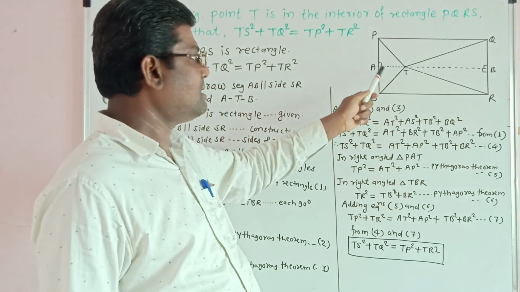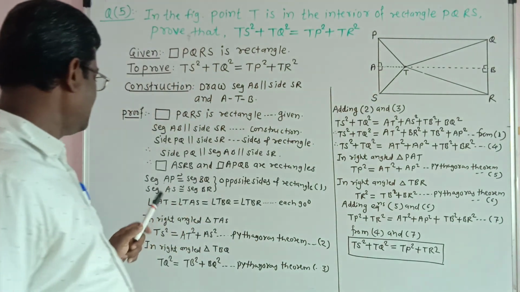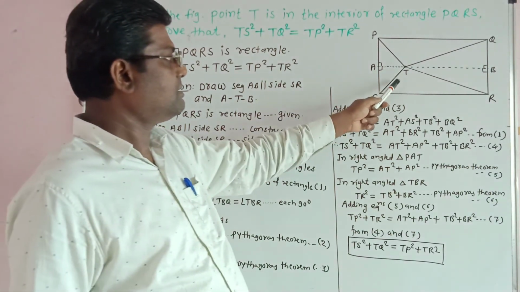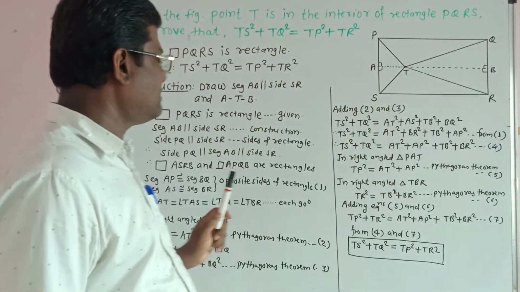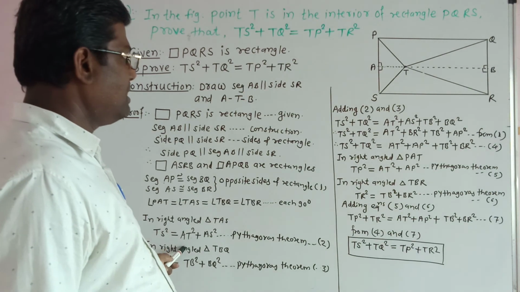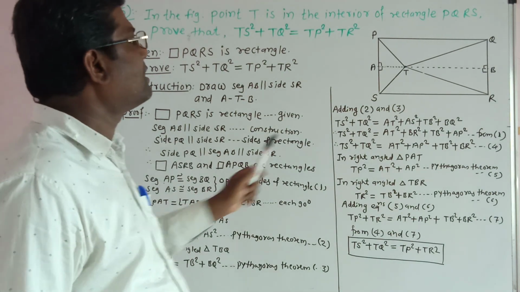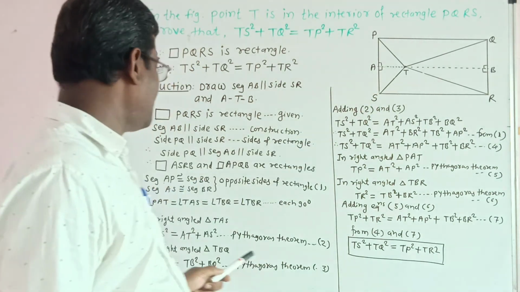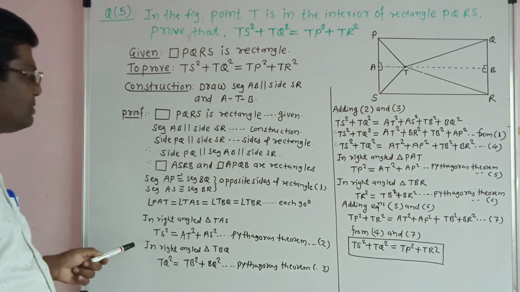Now consider triangle TAS. In right angled triangle TAS, TS is the hypotenuse. Therefore, TS square is equal to AT square plus AS square. This is equation number 2.